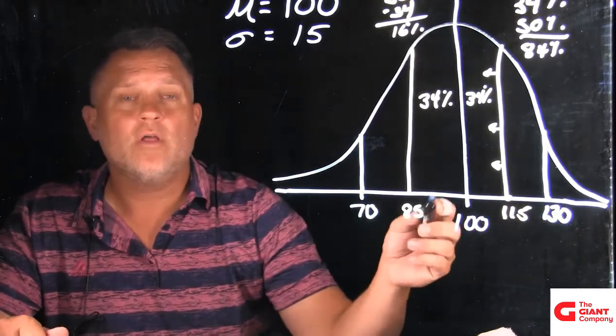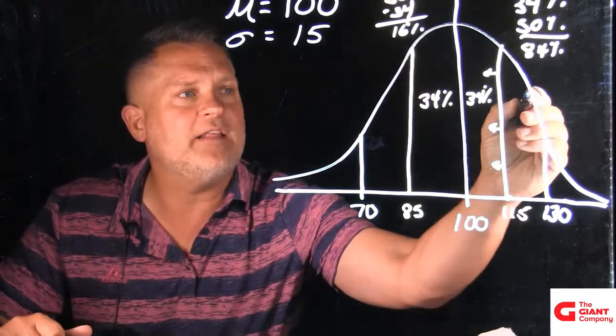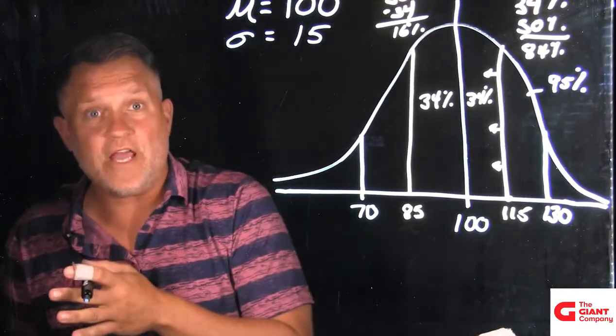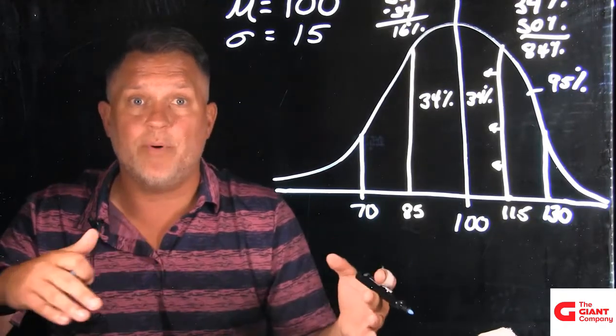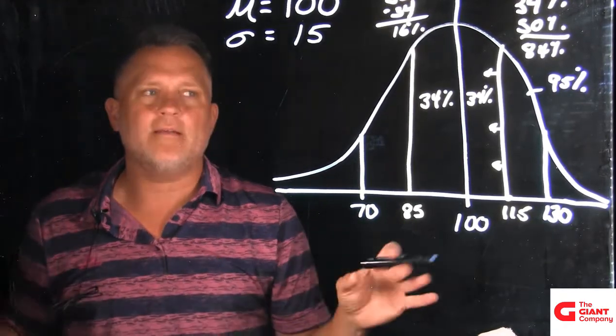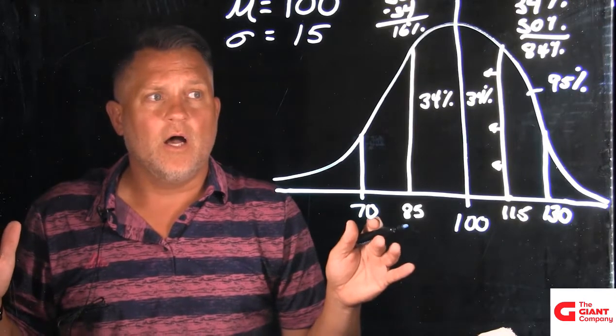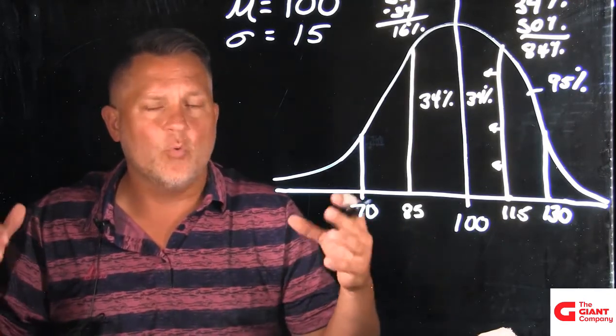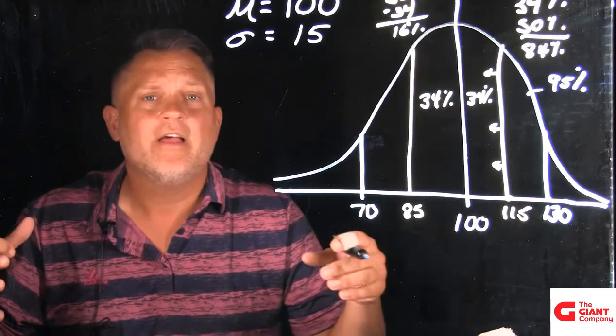And we know that, based on the empirical rule, 95% of all observations will be between 2 standard deviations below and 2 standard deviations above the mean. Okay, now it can kind of get a little interesting, because I might have to do some math here.